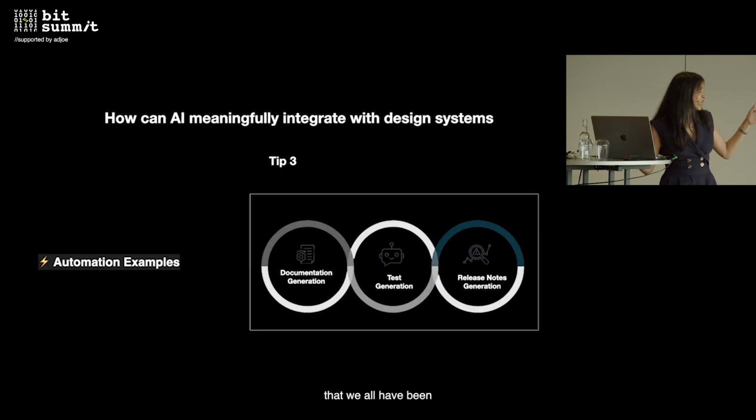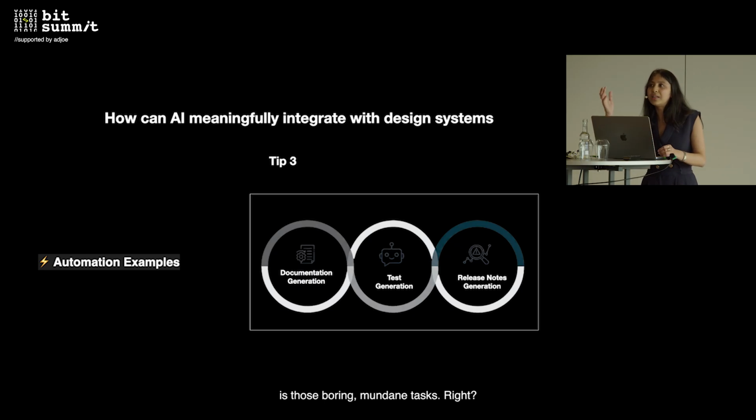Something that we all must have tried, 100%, is that AI can help us with document generation, test generation, and release notes. But something that AI does beautifully for us is those boring, mundane tasks, right?